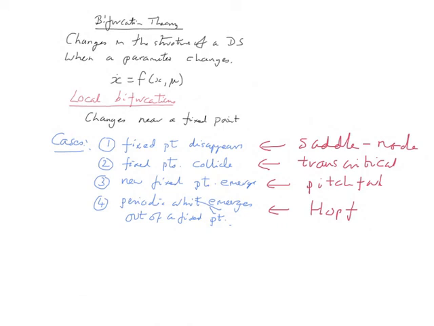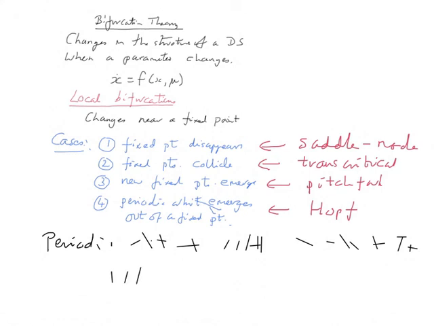And I should give you a definition here of what a periodic orbit is, because that's a new concept that I haven't actually formally talked about yet. So a periodic orbit is an orbit, one of these solutions x of t, for which there exists a big T such that x of big T is equal to x at time 0.